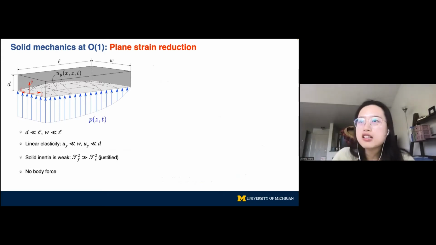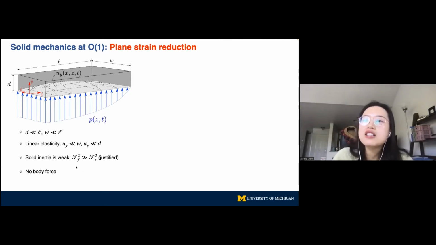For the solid mechanics problem, we recall that the wall is made slender, and within the framework of linear elasticity, we also assume the solid inertia is pretty weak. This can be justified with scaling analysis in the microfluidic setting.